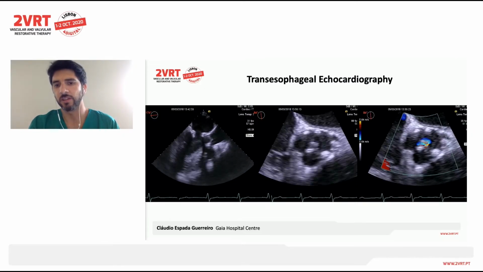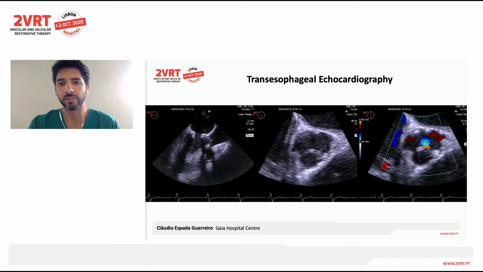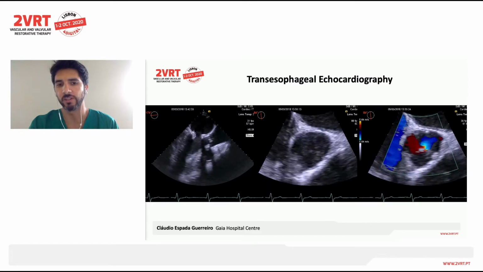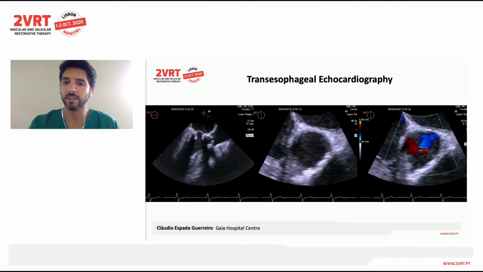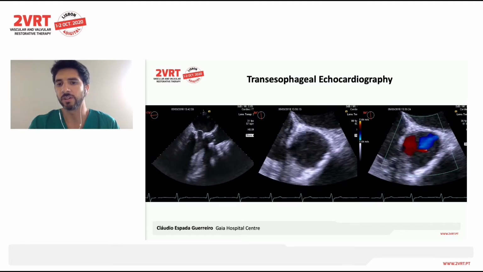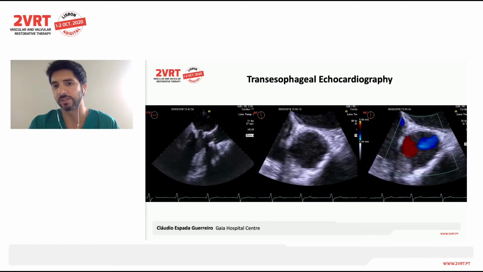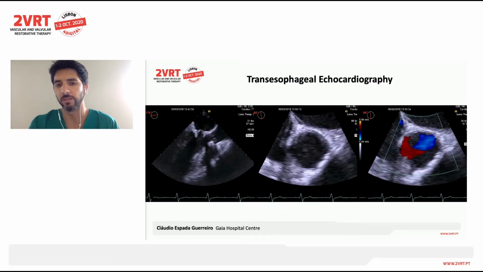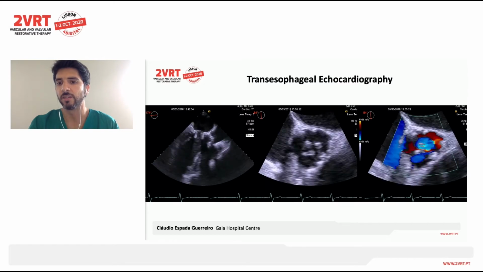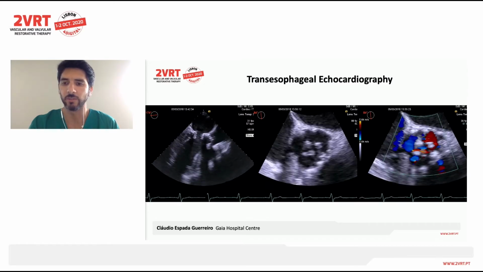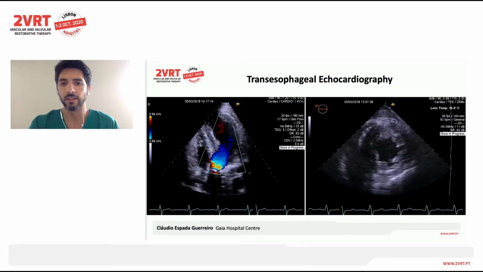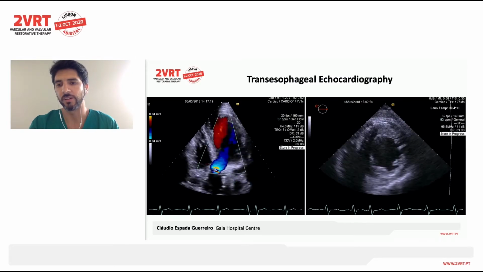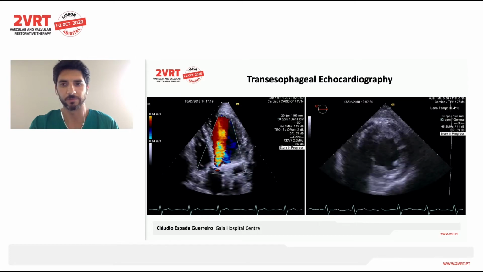The transesophageal echocardiography showed normal positioning and normal functioning of the mitral bioprosthesis, and we can appreciate the severe aortic valve disease with severe stenosis, with calcified leaflets, and also the central jet of moderate aortic regurgitation. And the global left ventricular ejection fraction was preserved.